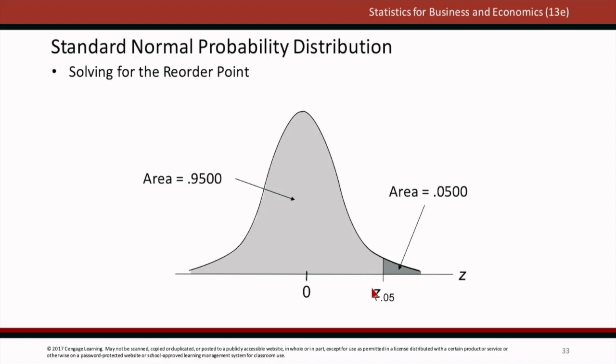So the area to the right is going to be 5%, and then the area to the left has to be 95%. Okay, so we're going to use the table in an inverse fashion. Now we're going to find the area to the left to be equal to 95%, and we would like to find the z-score corresponding to the area to the left, 95%.